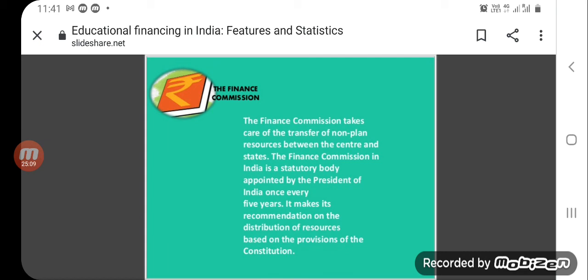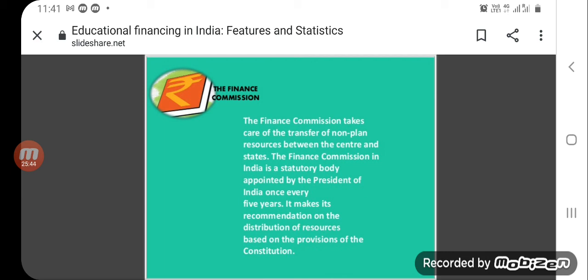For example, if you start some IITs in different areas in India, and the IITs forward proposals for maintenance or for purchasing some more items, then the Finance Commission will receive the proposals and check whether they are reasonable, whether they are valid, and whether they can be allowed or permitted.